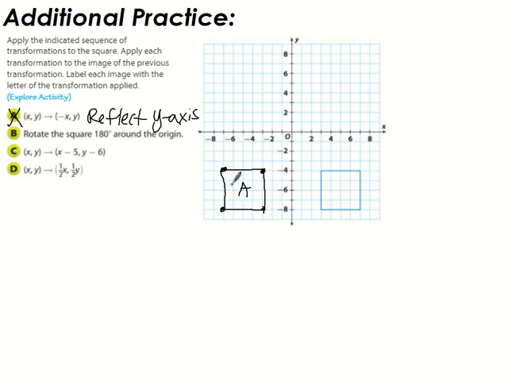We're going to go to A and make it rotate 180 degrees around the origin. So I was going to write the rule there for you. (x, y), remember, goes to both their opposites. So it's going to end up over here. If I'm at negative, negative, I go to positive, positive.